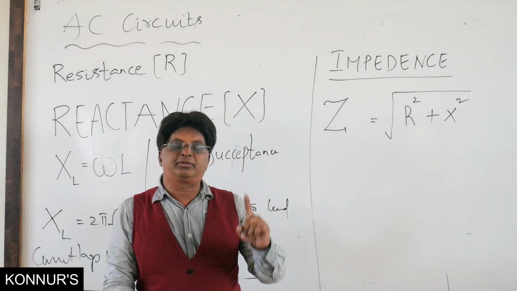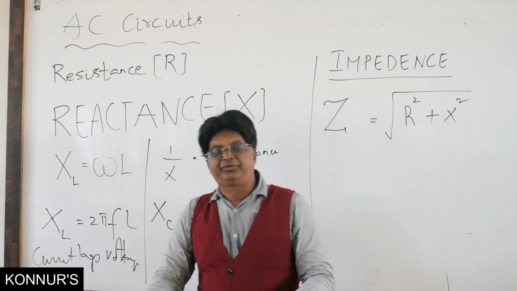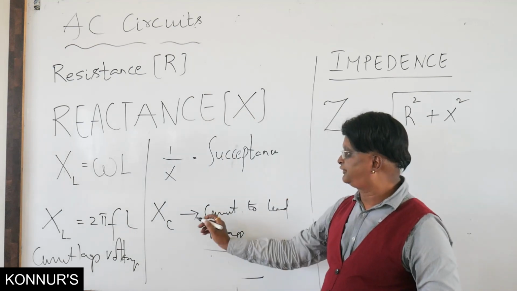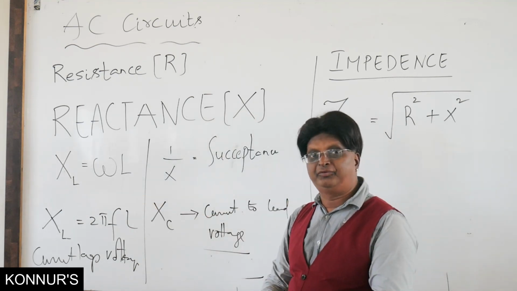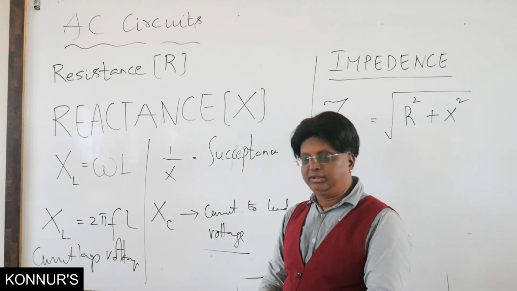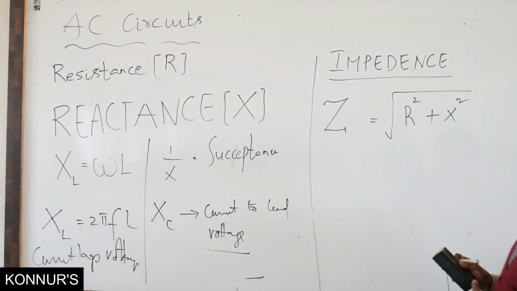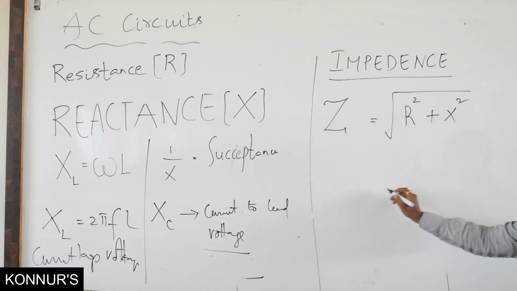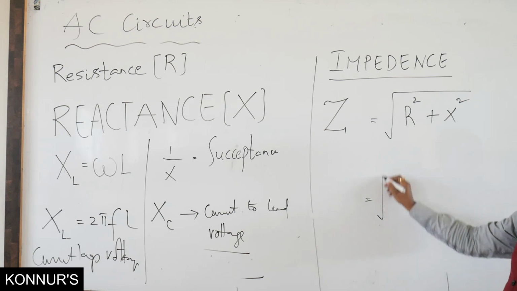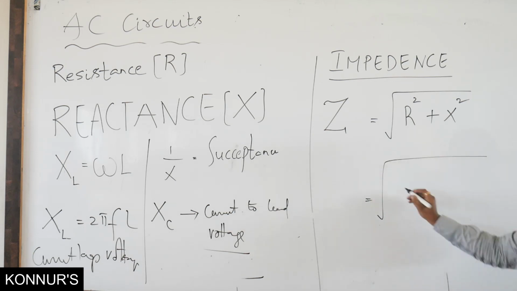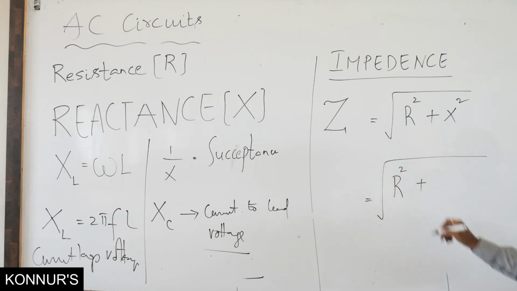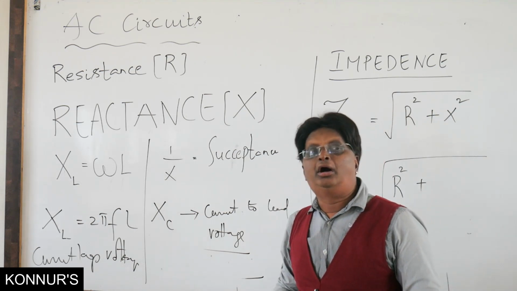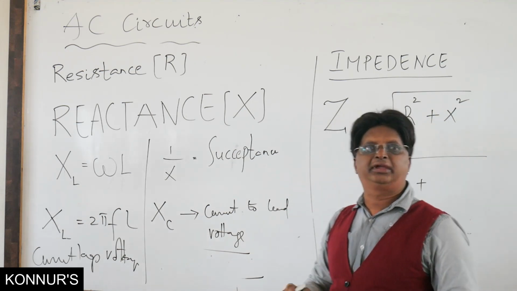And that is what is referred to as the phase. Earlier we talked about the power factor cos phi, where phi is the phase difference, either lagging or leading. XC and XL will decide that phase difference in any AC circuit. Therefore, when we write impedance in a circuit, Z is equal to under root R square plus X square. Supposing we have a circuit with only inductor, then only XL arises, or only capacitor, then only XC.